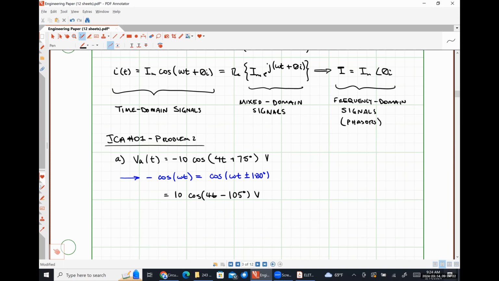Okay. So now I have my magnitude expressed as a positive number, and I have my phase angle expressed in terms of the cosine function. So I'm good to go. So what should my phasor representation of this voltage be? 10 angle negative 105. We keep the magnitude, we keep the phase angle, we throw the rest away.